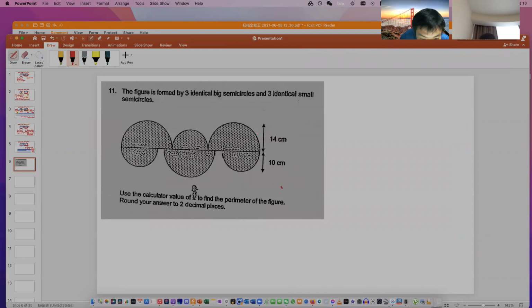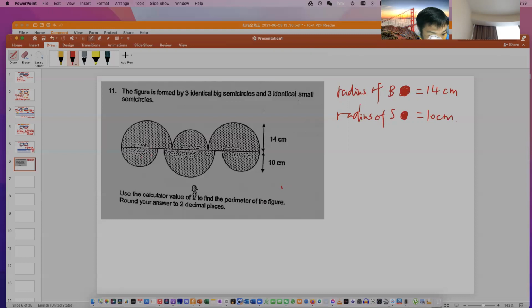So over here is 14. That means the radius of the big circle is 14 cm, and the radius of the small circle is 10 cm.